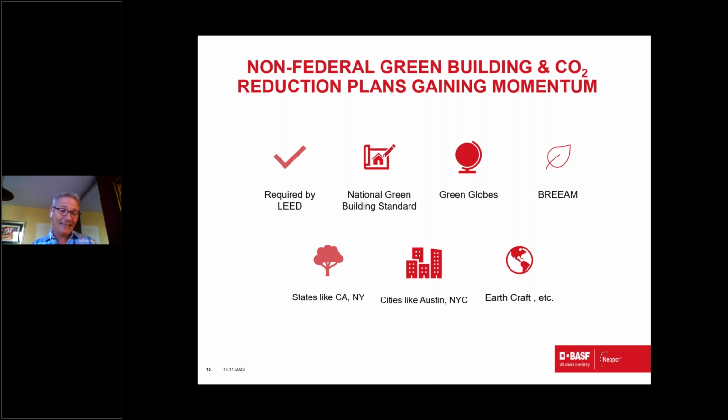There's states like California, New York that are giving incentives and mandating certain things, and even cities like whether it's Los Angeles or Austin or New York City. And then there's these private labeled systems, whether it's things like South Face Institute or the City of Austin program or Washington State's Build Green program. So a lot of momentum about all this.